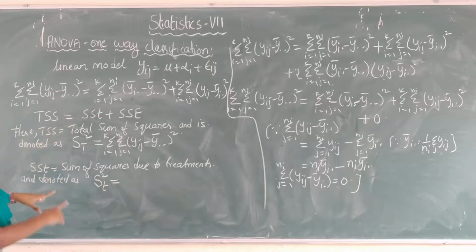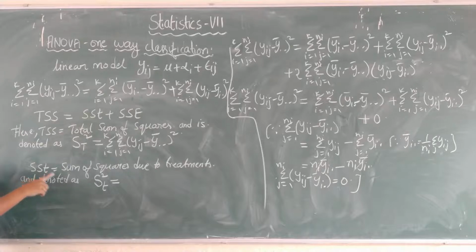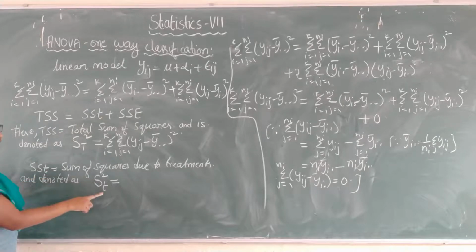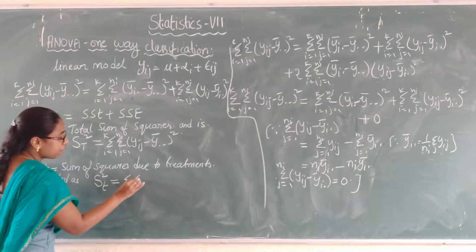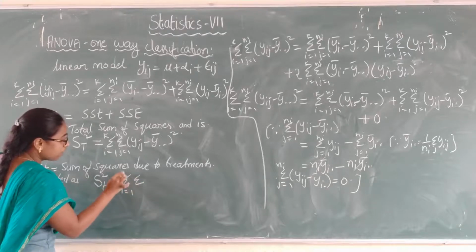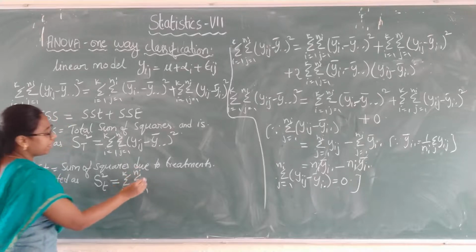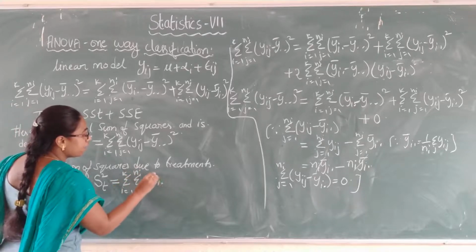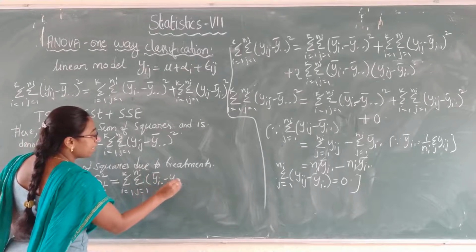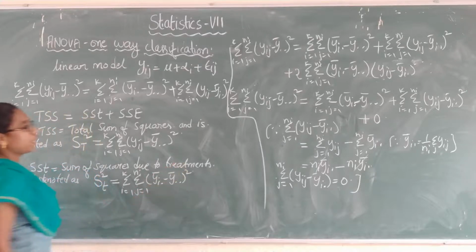So that's why this term is called the sum of squares due to treatment, and it is denoted as S_t squared, which equals the double summation over i equals 1 to k, j equals 1 to n_i, of (y_i dot bar minus y double dot bar) whole squared.